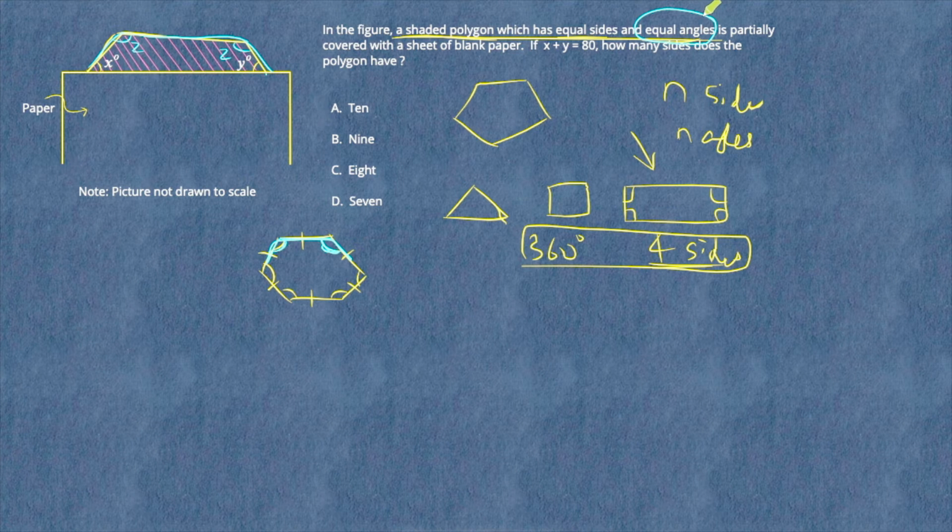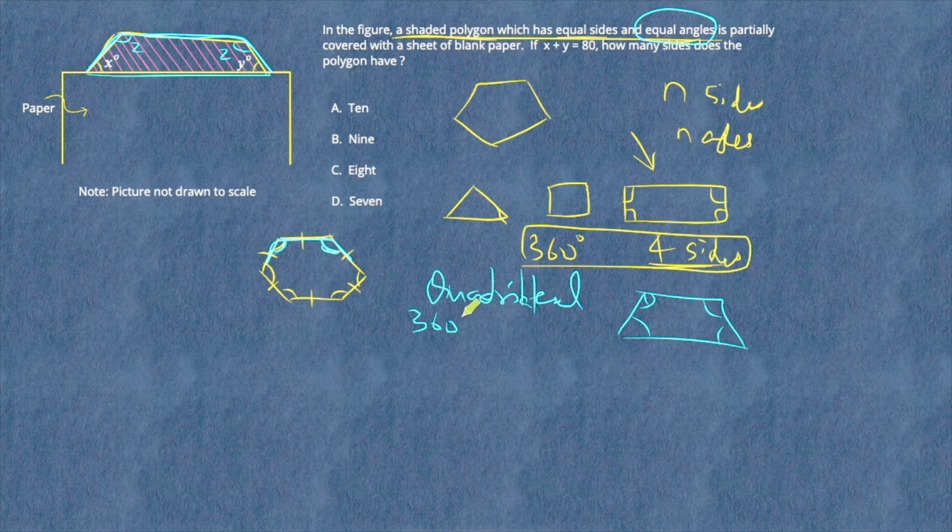Now, if you just look at this figure, this is a quadrilateral. One property of a quadrilateral is that the sum of the inner angles is 360, because it has 4 sides, and for any polygon with 4 sides, the sum of the interior angles will be 360.